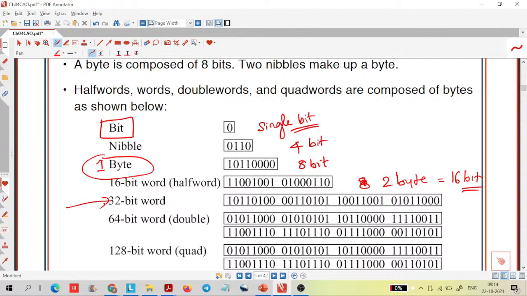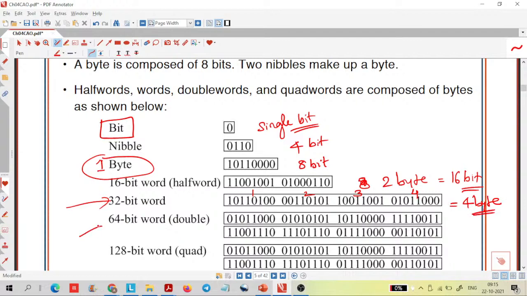32 bit means 4 bytes. 1 byte means 8 bits, so 1 byte, 2 bytes, 3 bytes, fourth byte, total 32 bit. It is also equivalent to 4 bytes.